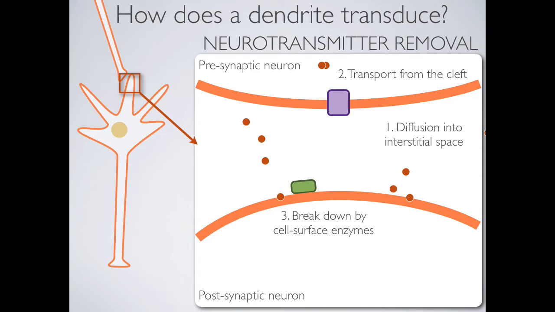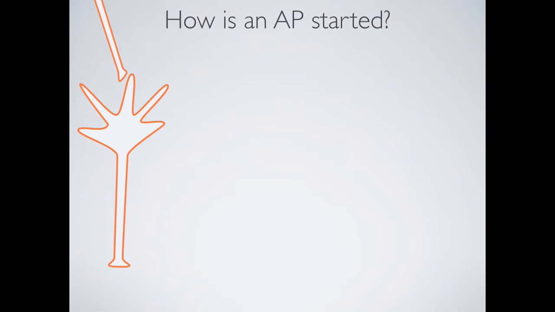All right, so more critically, let's talk about how an action potential gets started. This relates to the function of the dendrites and a neuron in general of integrating information and making decisions. So let's consider the case of an excitatory synapse.